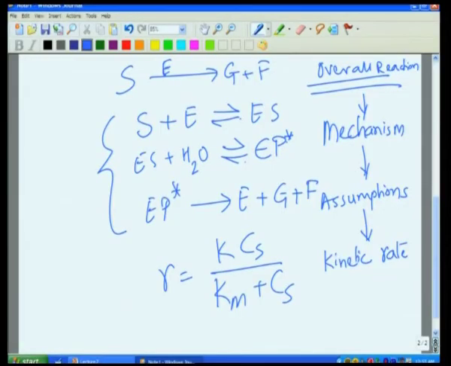Now this is of course not always a one way street. We have to remember that whatever mechanism we write and whatever kinetic rate expression we get, it must be experimentally verified.